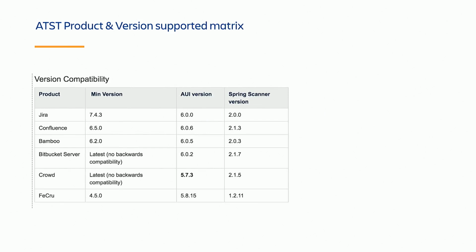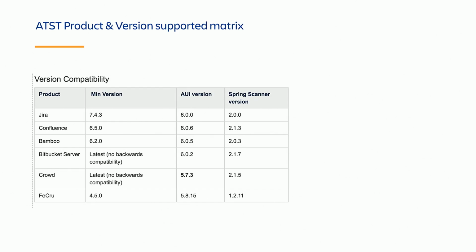Now that we've seen a couple of patterns, let's talk a little bit about how we can actually develop cross-product applications. Here I've got the ATST product version supported matrix. So this is currently every single version that ATST is compatible with and every product.